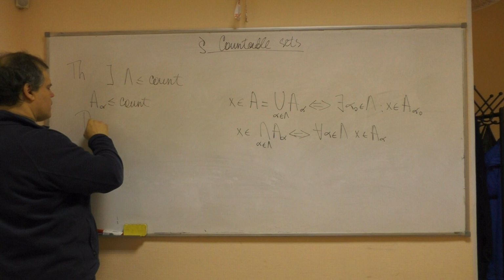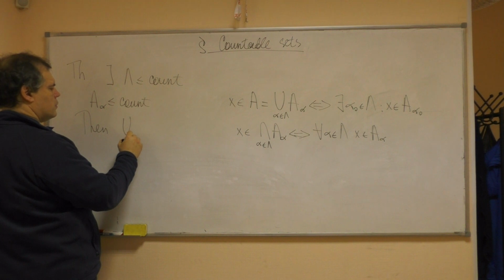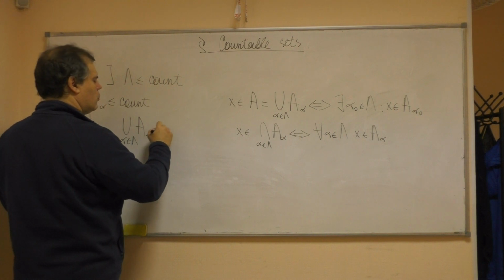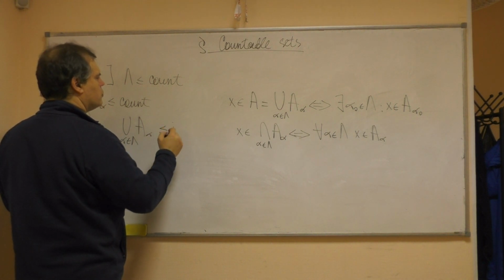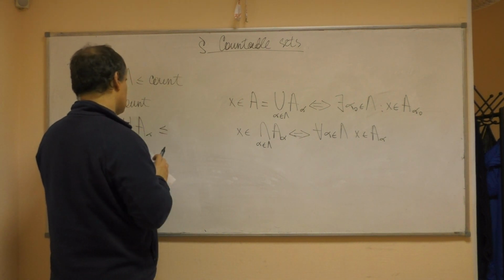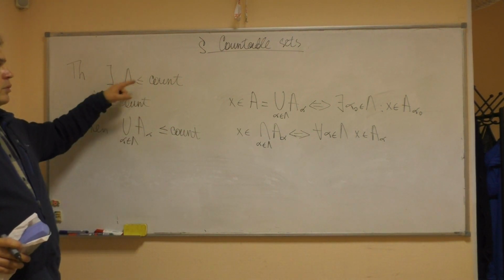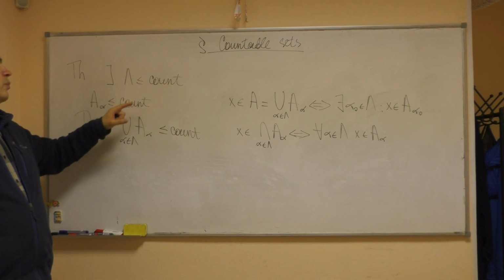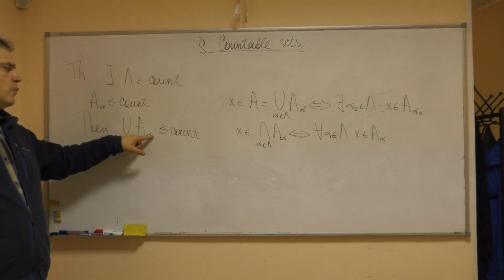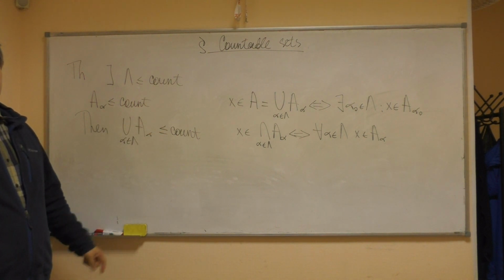Then the union of all sets is also less or equal than countable. So the union of less or equal than countable many less or equal than countable sets is less or equal than countable. Very easy.